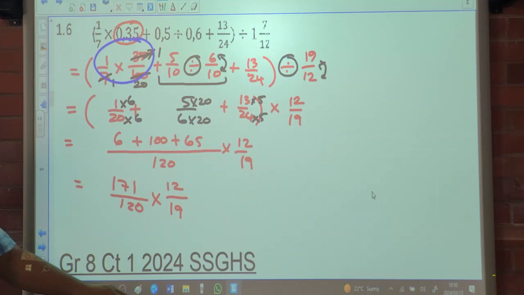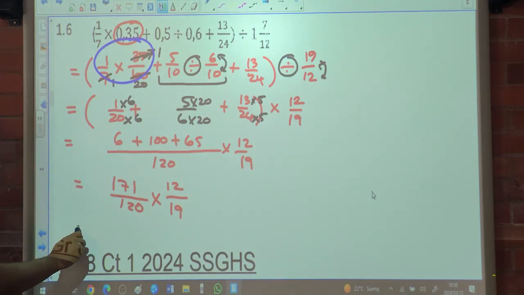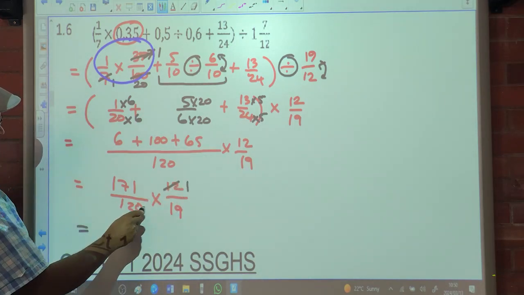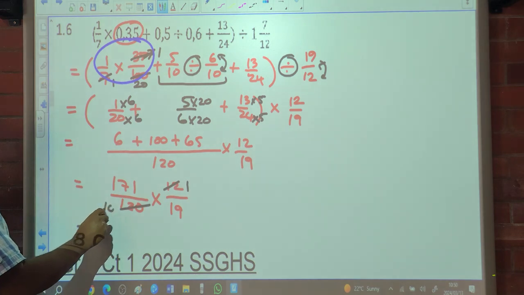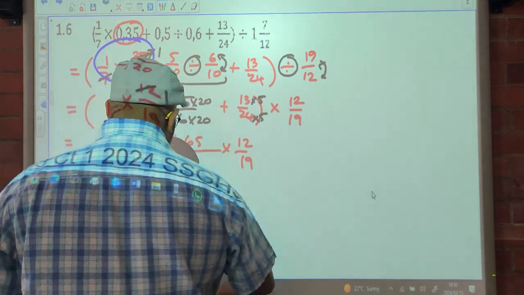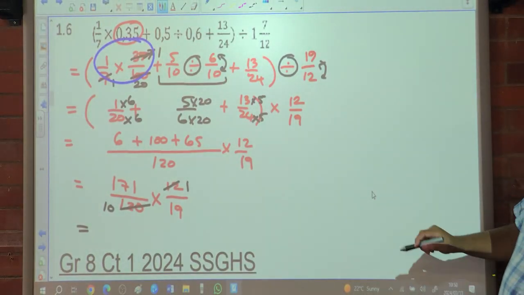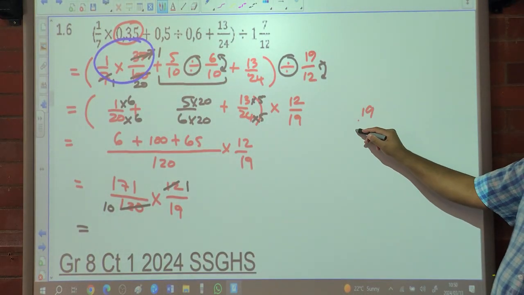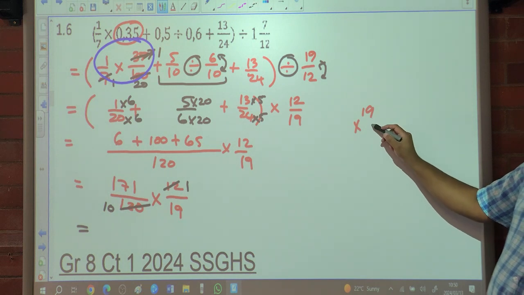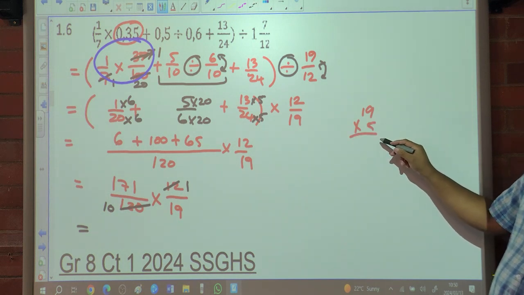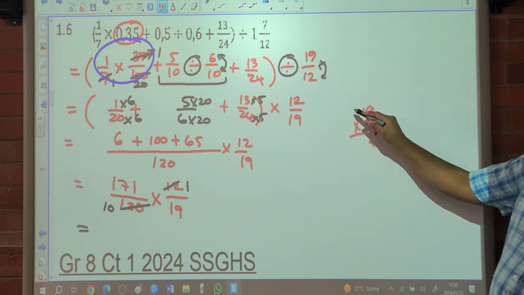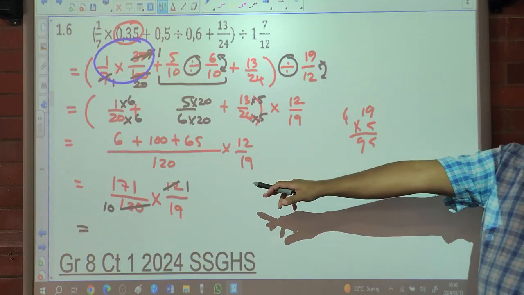Okay, so this is not the end of it, people. So what do we do now? 12 into 12 once, 12 into 120 10 times. So it's now worth checking if 19 goes into 171. So I go 19 times 5. It won't be 5, no? But let's go with 5 first. Then we will get 45, 95, which is quite far from there.